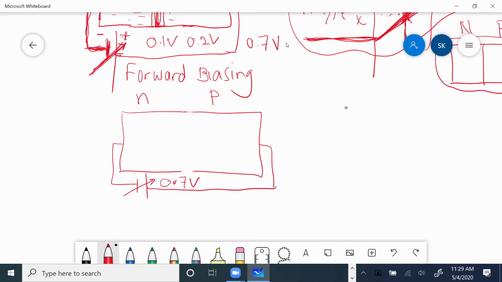That is my diode. When I connect a battery, that is my diode. Now, if this is the diode, would you not expect some current to flow?